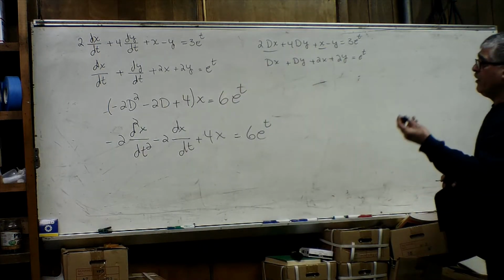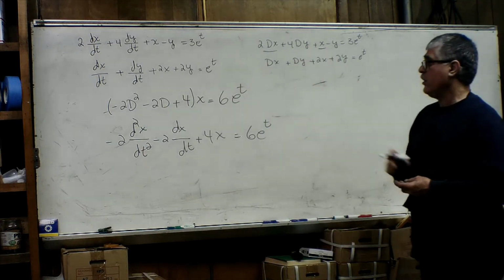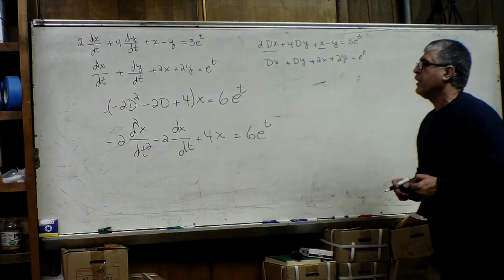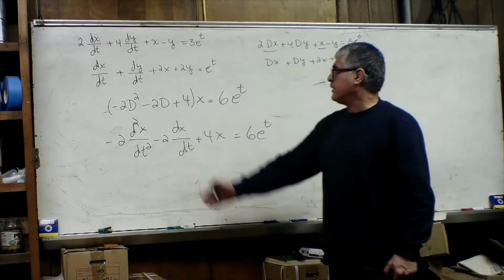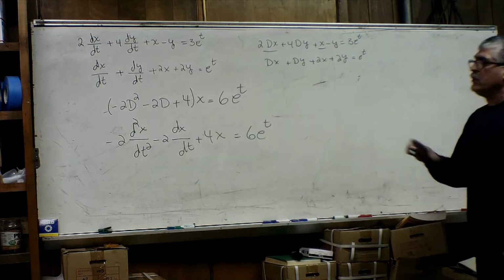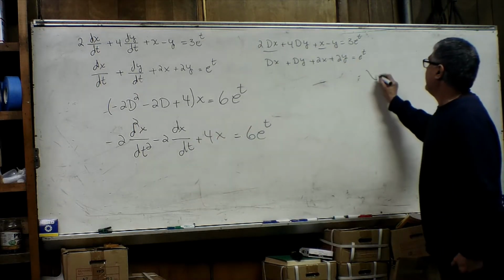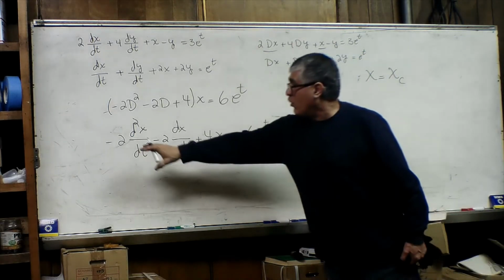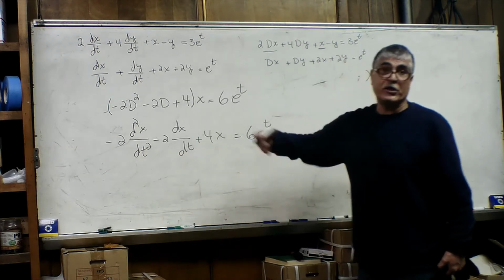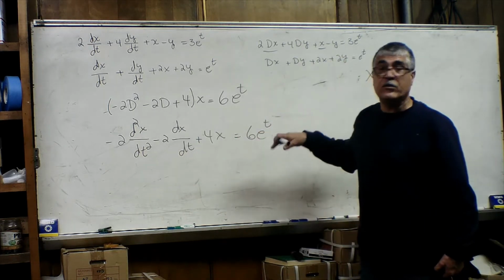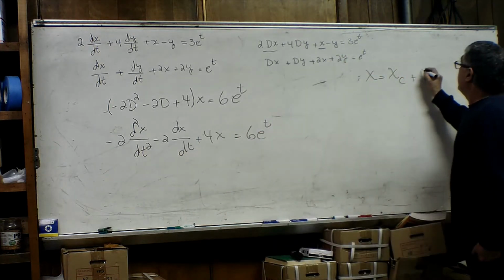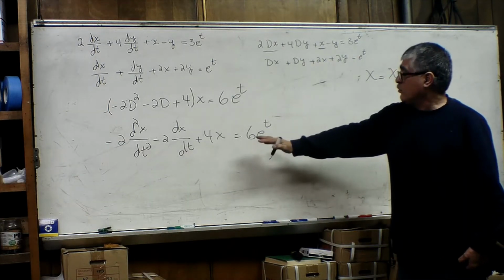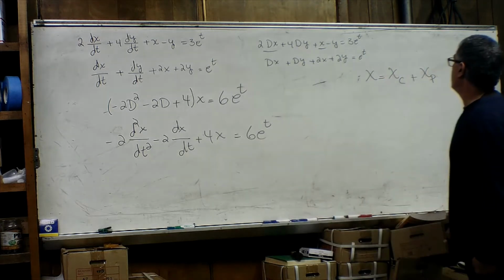Now we have a second order linear non-homogeneous differential equation that we can solve for x. The general solution for this form of equation is equal to the solution to the corresponding homogeneous portion, that means equal to 0, plus the particular solution for the non-homogeneous portion.